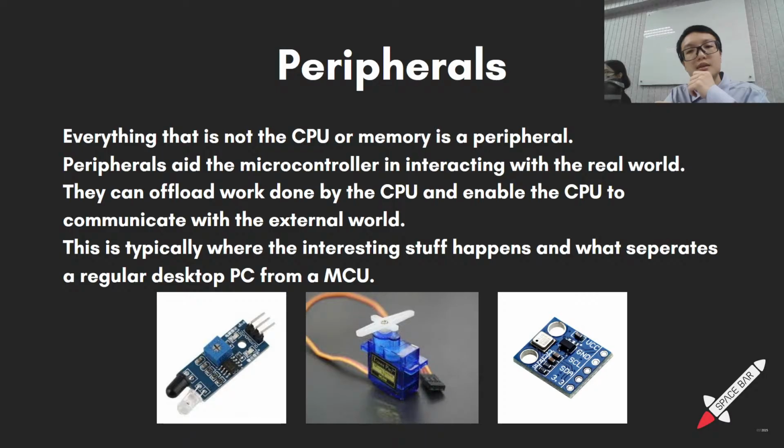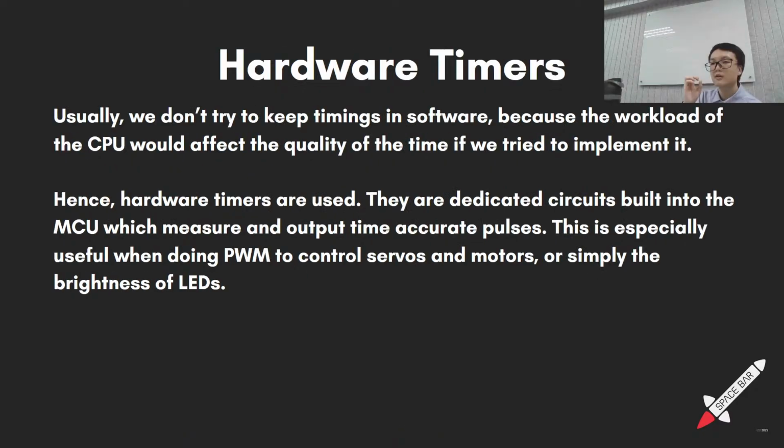LEDs can either be on or off, but they can turn on and off really fast to change the brightness. Your eyes will perceive a lower brightness when it's turned off for longer than when it's turned on. So if you imagine the graph, which looks like this.